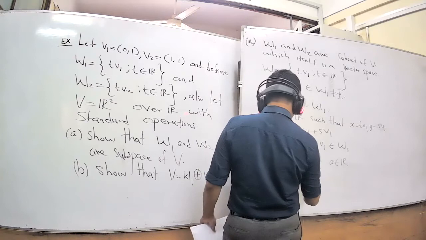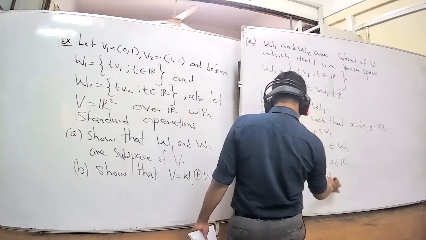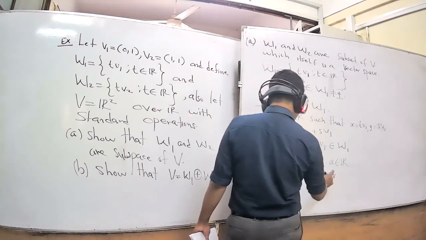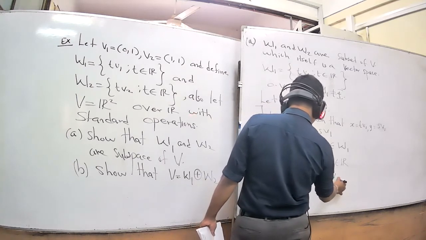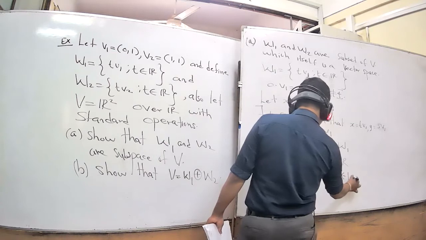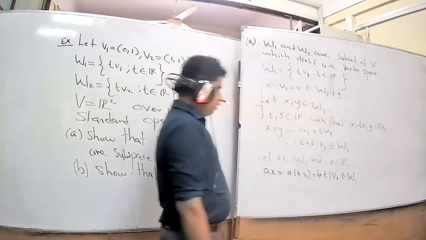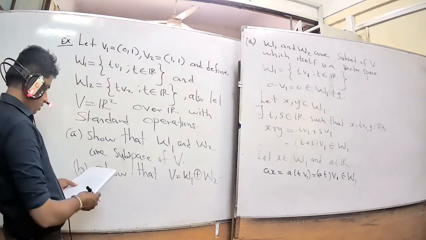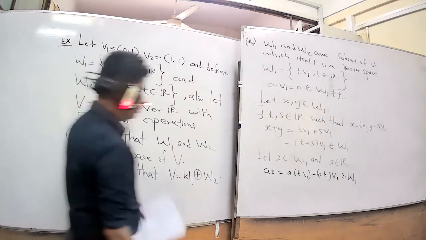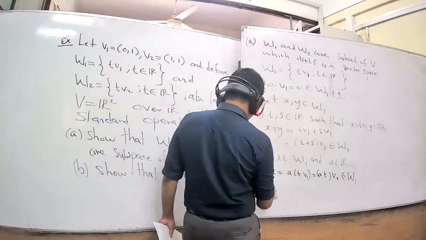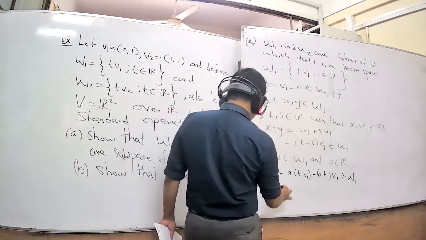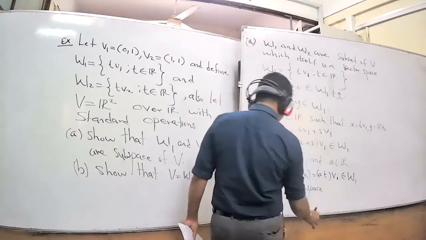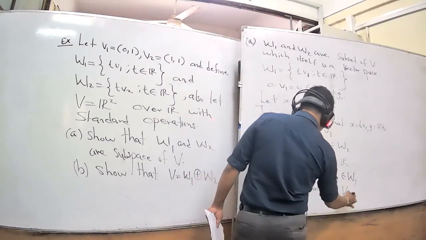Then we write a t1 times v1. Therefore ax is of the form in W1. Therefore, W1 is a subspace of V.